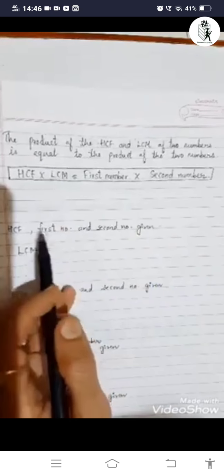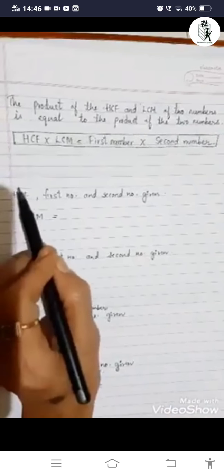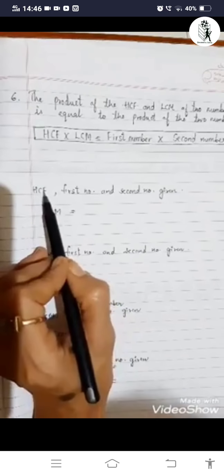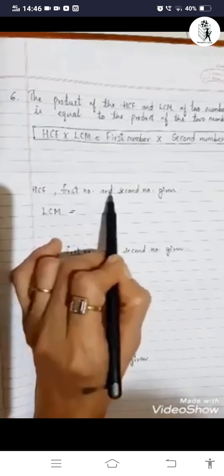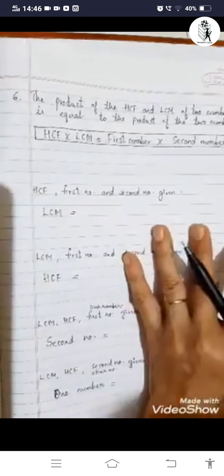Now suppose you want to find the LCM, and the HCF, first number and second number are given. What will be the formula?